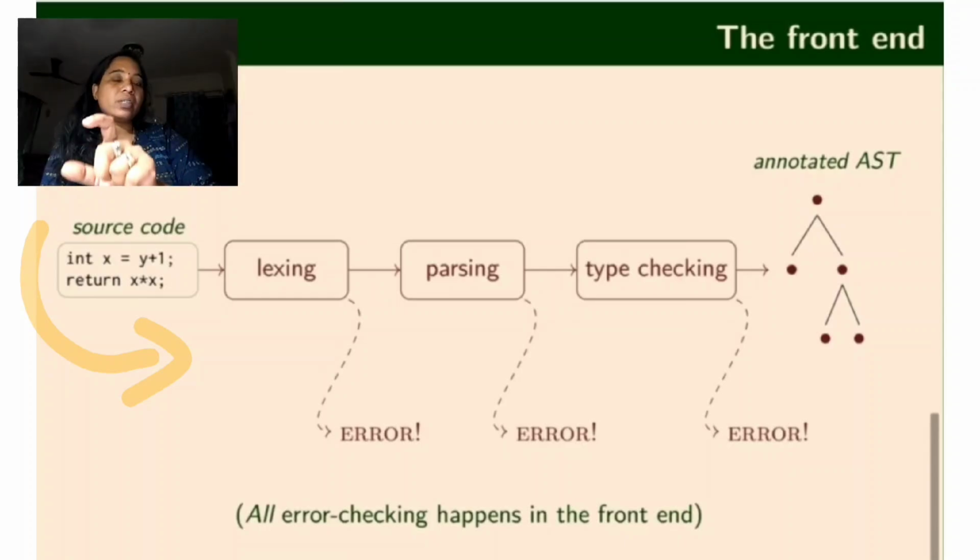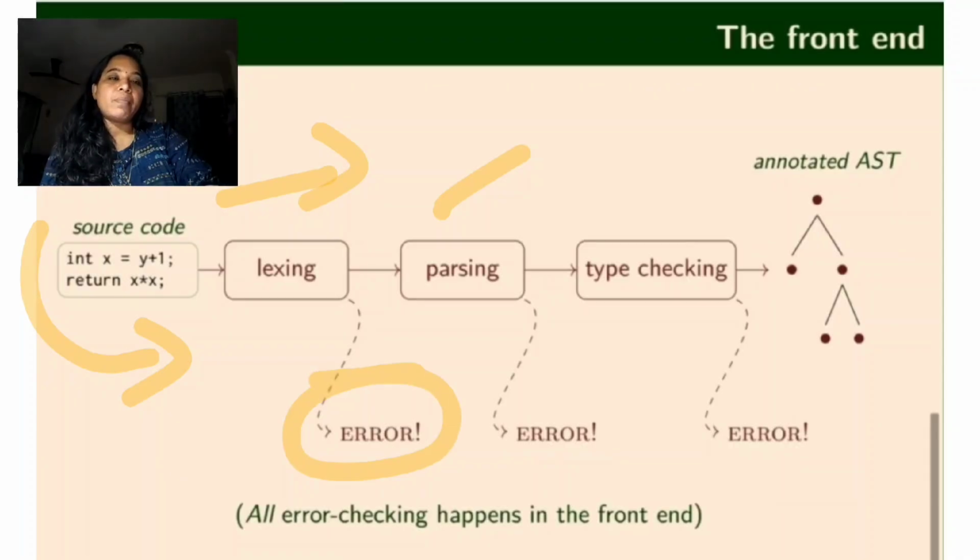Those operators, that is my source code, is now going to be translated and passed to the lexing stage. Next stage is the parsing stage. Here also I am debugging. Debug means error checking, whether the program I have written is right or wrong.